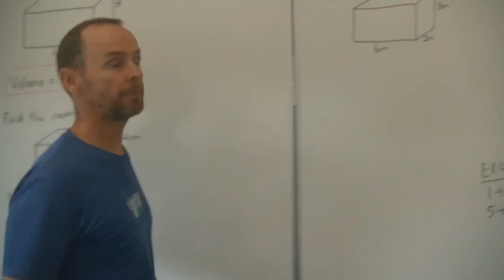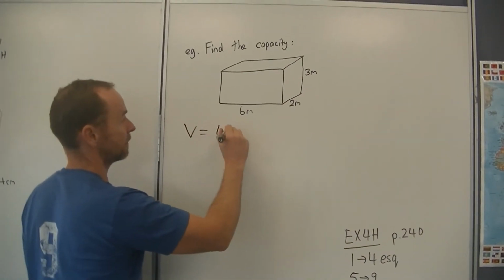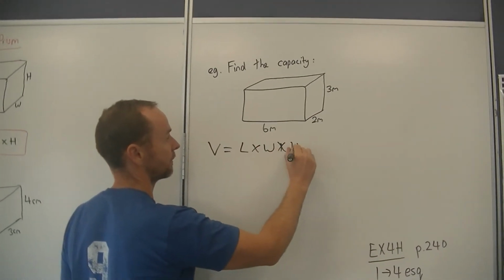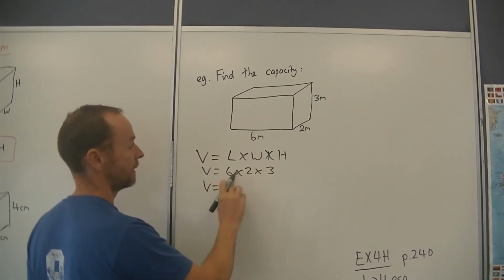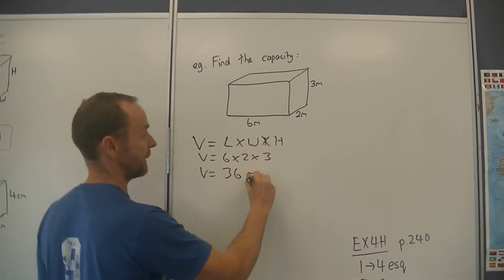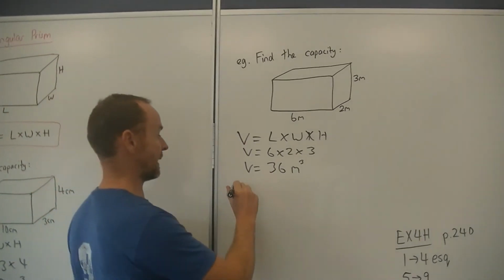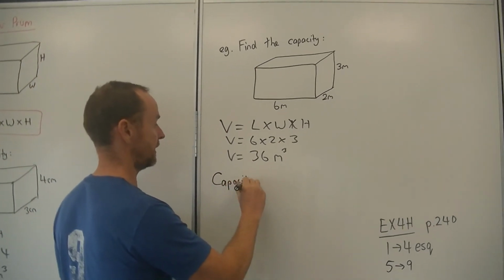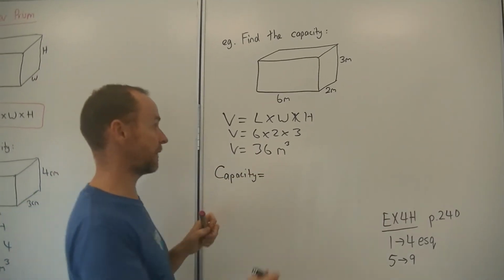Excellent, let's do one more. This time you notice the units are in metres. So let's find the volume. Volume is length times width times height. 6 times 2 times 3. 6 2s are 12, 12 3s are 36, 36 metres cubed. Okay, so that's our volume. To change it to capacity, capacity equals, so metres cubed to get to litres, you times it by 1,000.